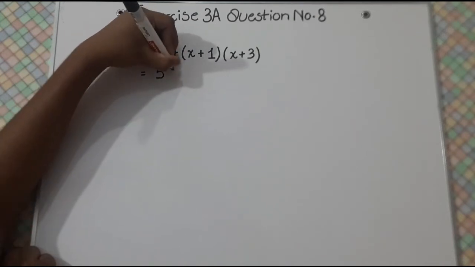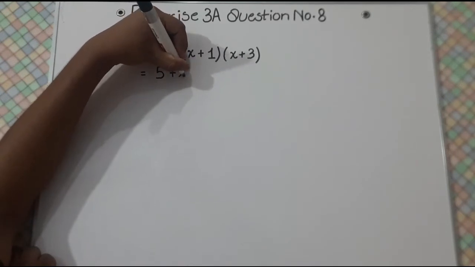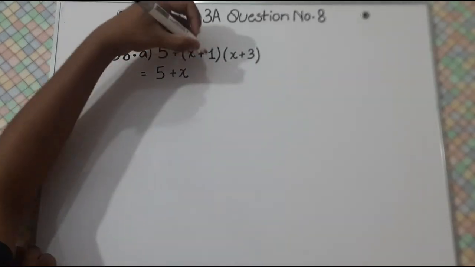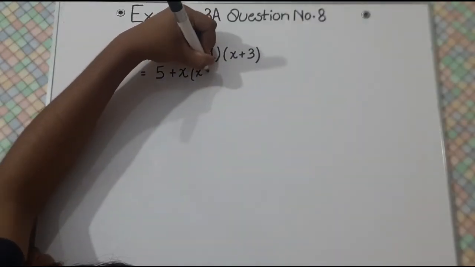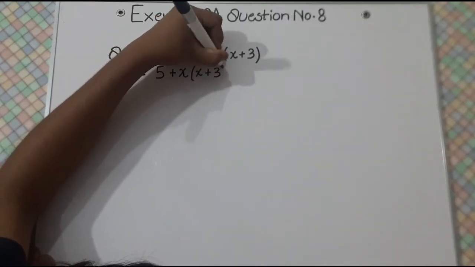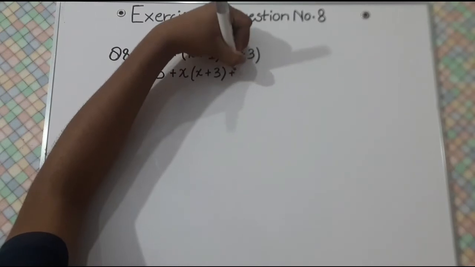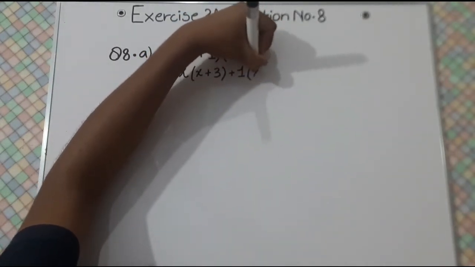5 plus, we are going to write x, we have opened this now, and write x plus 3 in the brackets. Now we are going to write plus 1 and write the same bracket again, x plus 3.